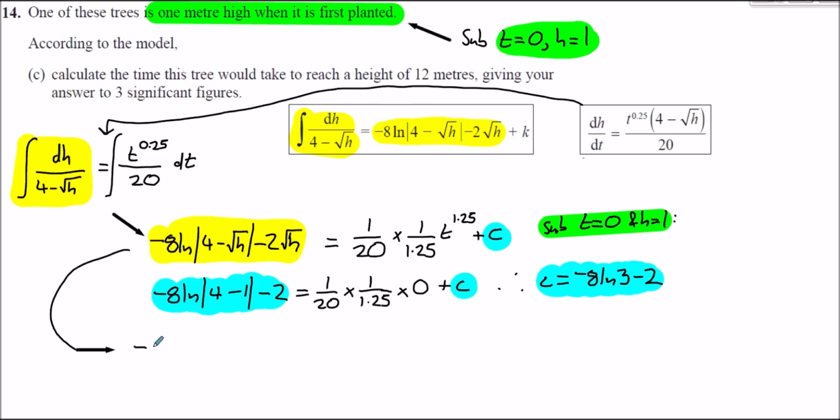So I've got minus 8 ln mod 4 minus root h minus 2 lots of root h. That'll equal this thing here. Now, 1 over 20 times 1 over 1.25, I can simplify this into one fraction. That's just going to become 1/25. So that's going to give me 1 over 25 times t to the 1.25, plus c, which of course is minus 8 ln 3 minus, so just minus 2.